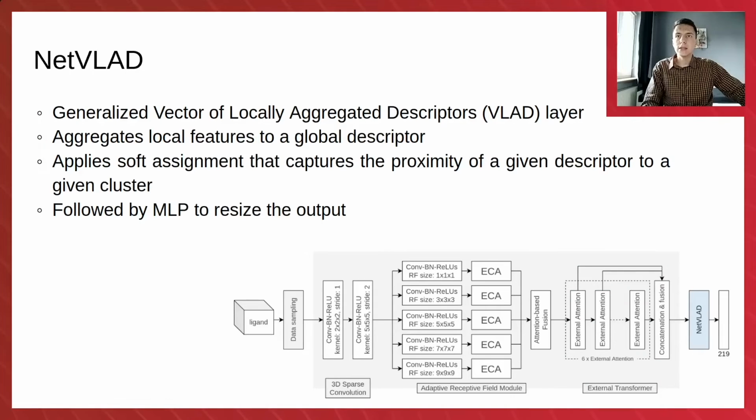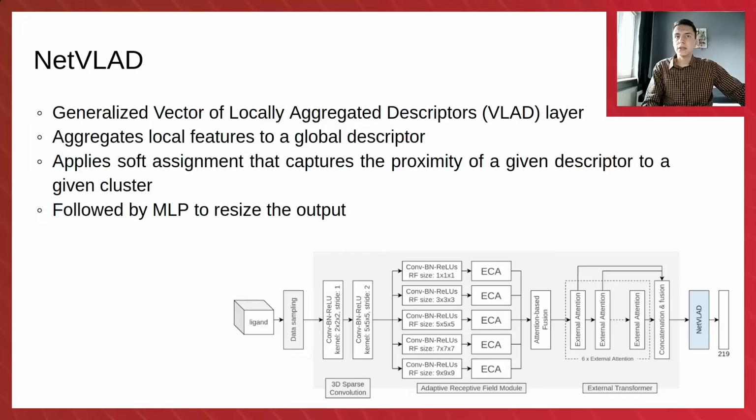The last layer of Translog, namely NetVLAD, is a generalized version of the vector of locally aggregated descriptors layer, known under the abbreviation VLAD. NetVLAD's goal is to produce a discriminative global descriptor by aggregating local features.